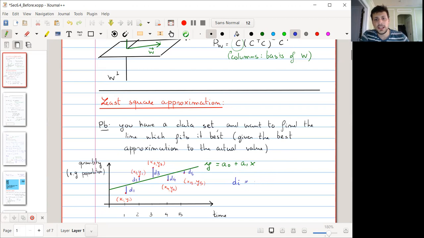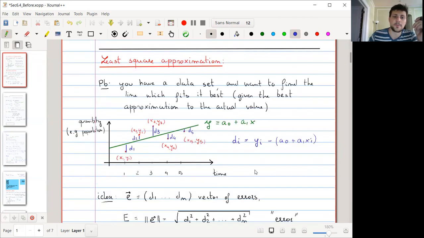I'll denote those d_i, and by looking at how it's set up in the picture, d_i is the difference between y_i, which is the y coordinate of the point in the data set, minus the y coordinate of the point on the line at that point, which is a0 plus a1 x_i. So this is the distance of one single data point i to the line y equals a0 plus a1 x.